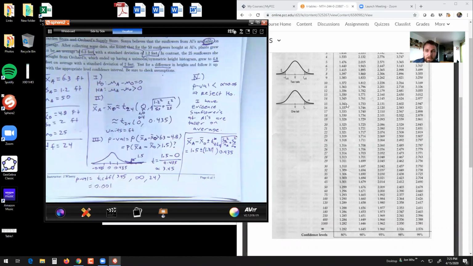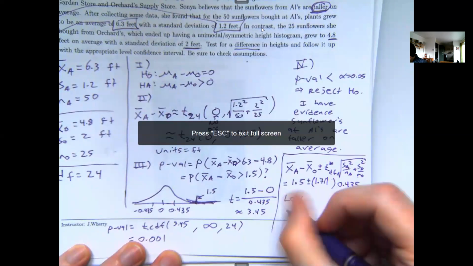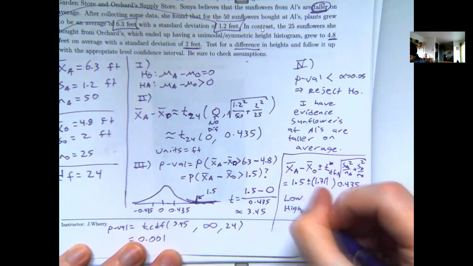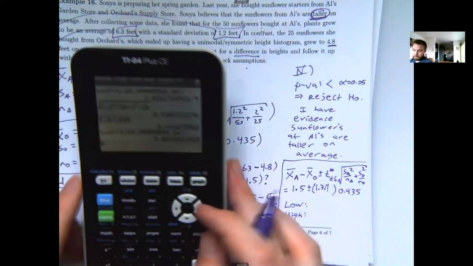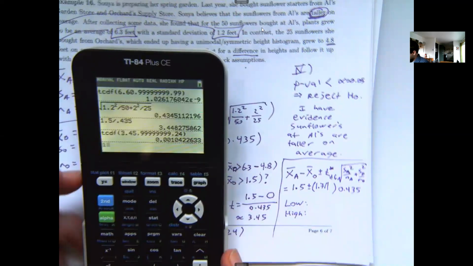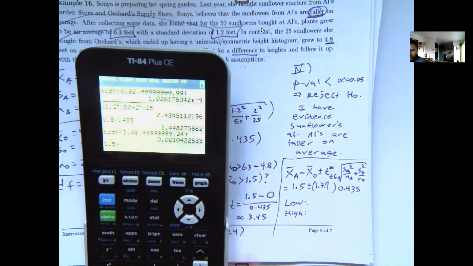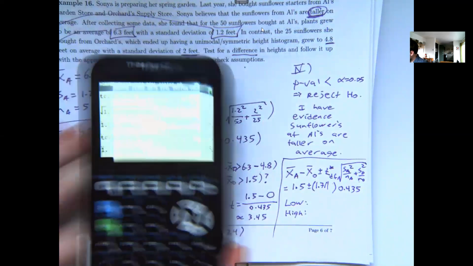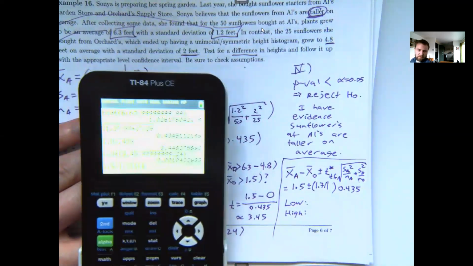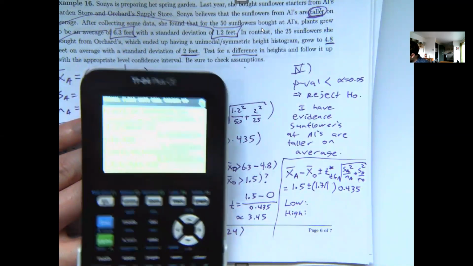I'm going to type this in my calculator once with the plus and once with the minus. And I don't have to go crazy with the parentheses here. I have 1.5 minus 1.711 times, and that standard deviation was 0.435.